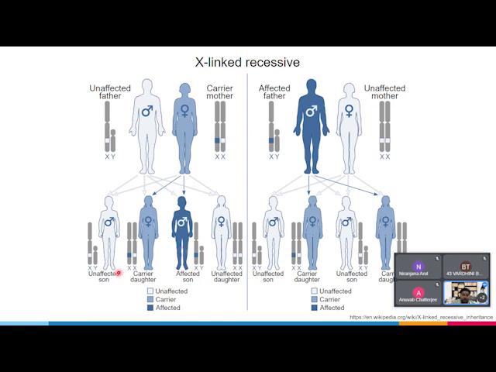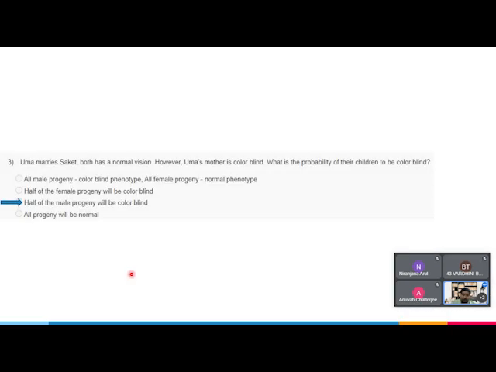As you can see in the diagram itself, 50% of the male children would be affected. None of the females will be affected, but one of them will be a carrier of the disease. So the correct option is C. Half of the male progeny will be colorblind or affected by the disease. Any questions regarding this?